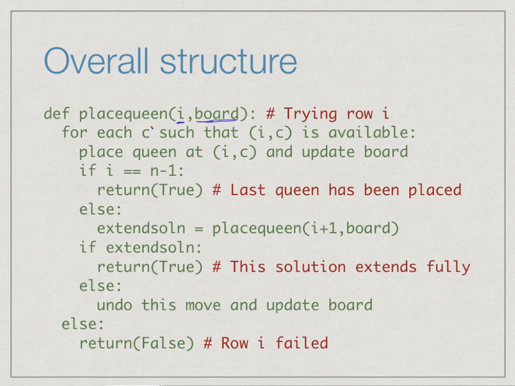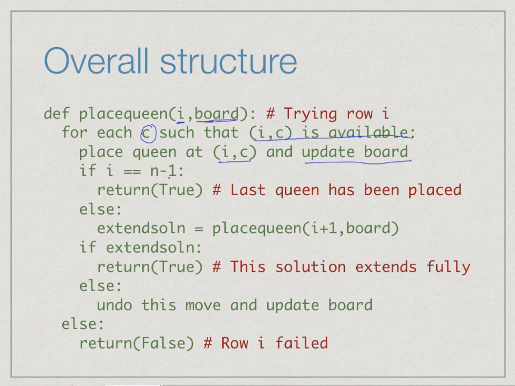Now we run through each column and check whether the position, that is the square i comma c, is available. If it is available, we then put a queen there, and we of course have to update the board. We will come back to that in a minute, but in our case updating the board just means setting board[i] equal to c if we have the one-dimensional representation.